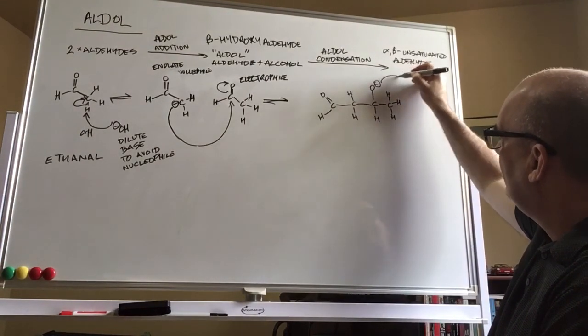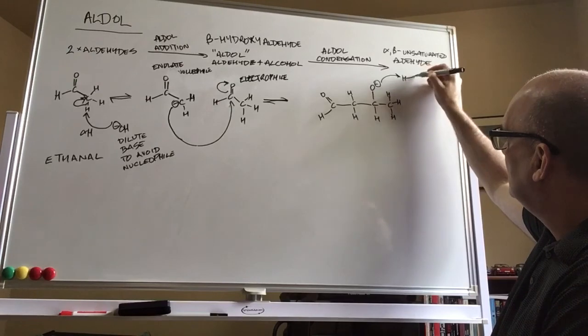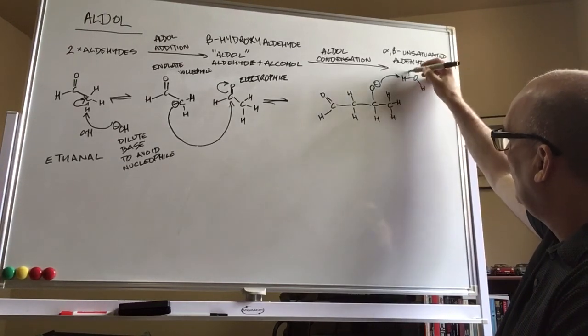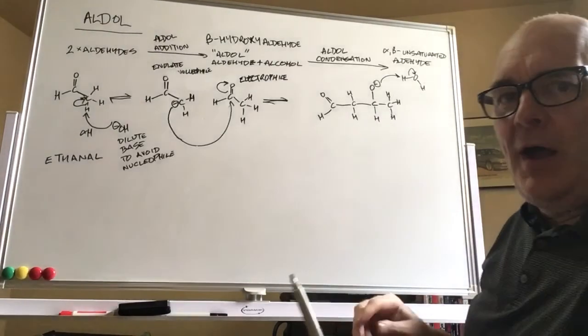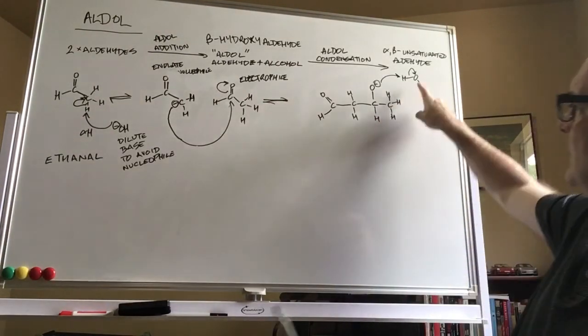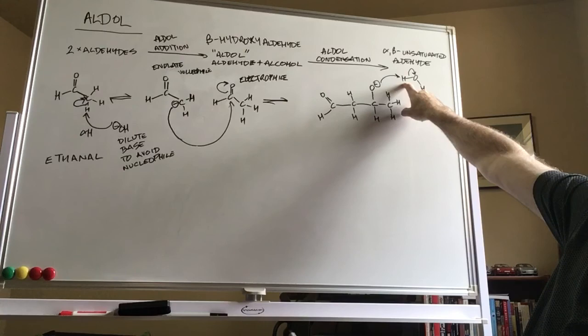This is an alkoxide. It's going to reach out and grab hold of the most acidic thing that it can find, and because we're doing this in base, the most acidic thing that it can find is a water.